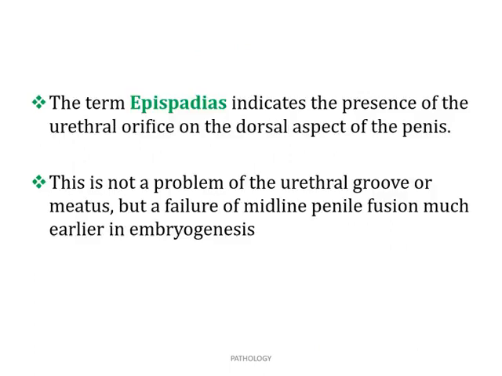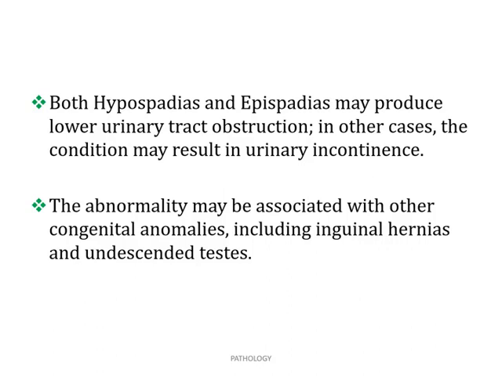Epispadias is when the distal urethral meatus opens on the dorsal aspect of the penis. Both hypospadias and epispadias can have complications. One of these complications is lower urinary tract obstruction. That's number one.